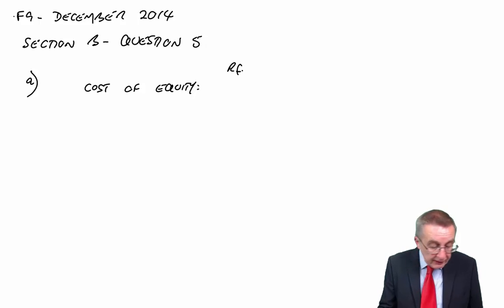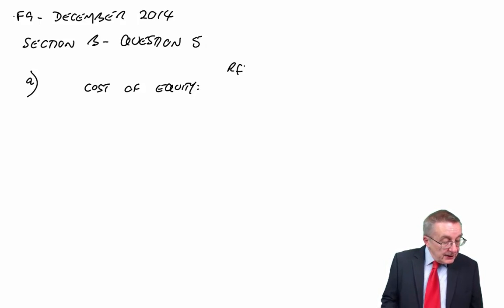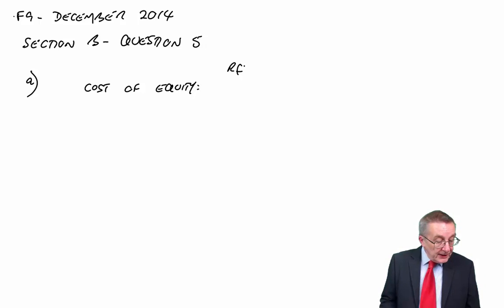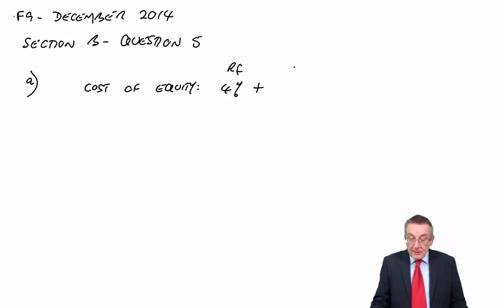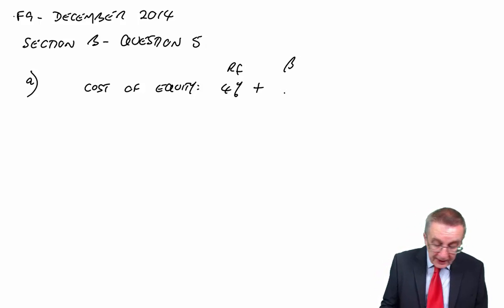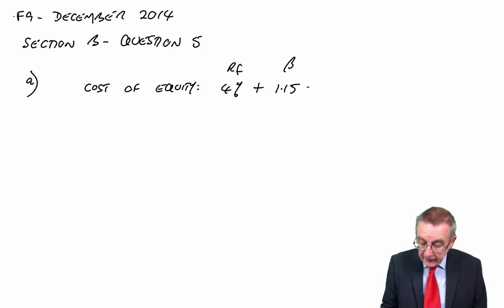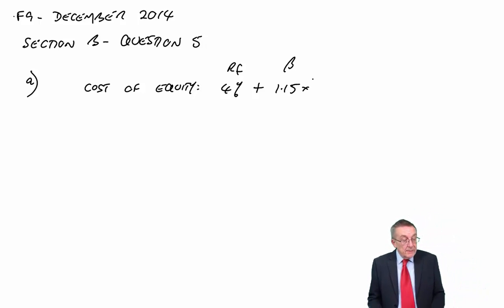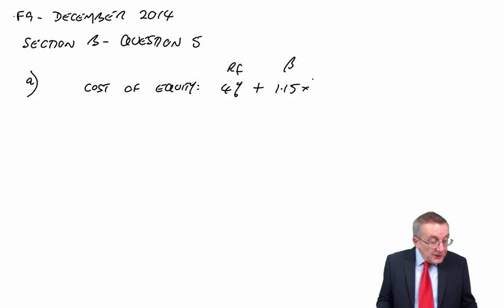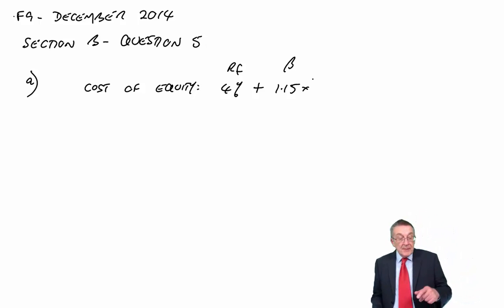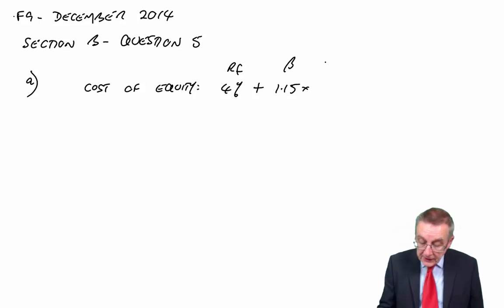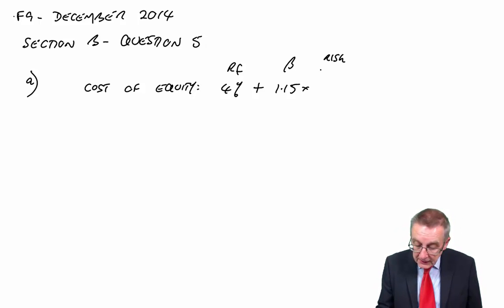So it's the risk-free rate. It says in the last paragraph, the risk-free return is 4%. Plus beta, we just saw beta is 1.15, times the difference between the market return and the risk-free, which here they've told us the risk premium is 6%.